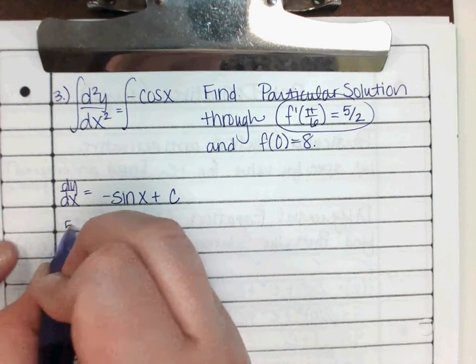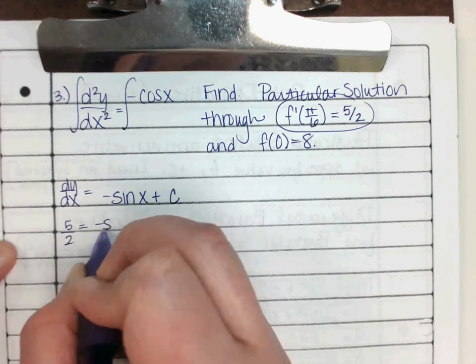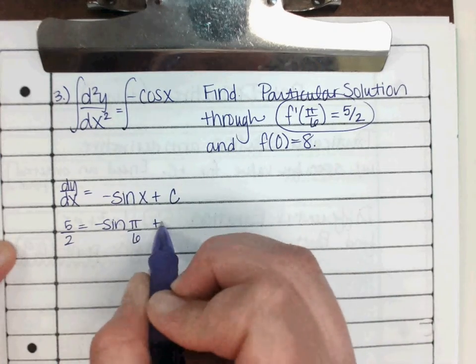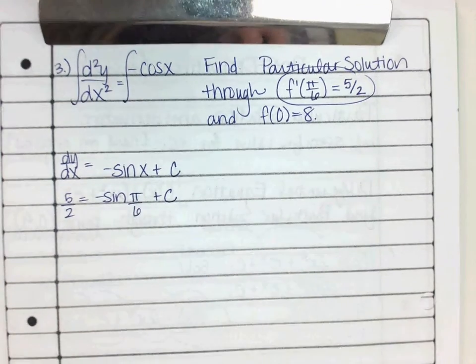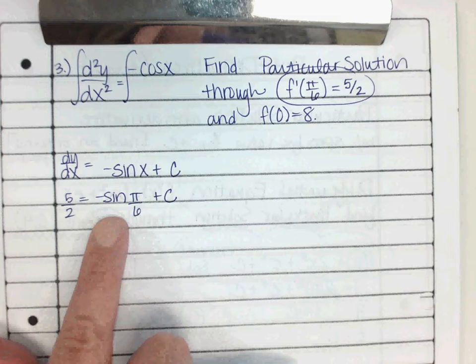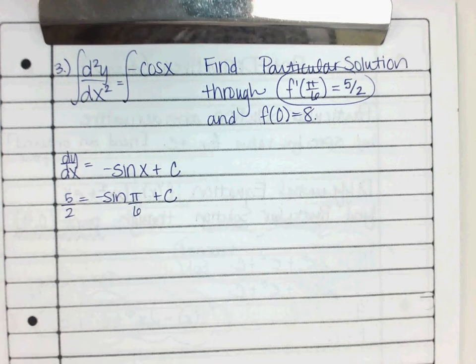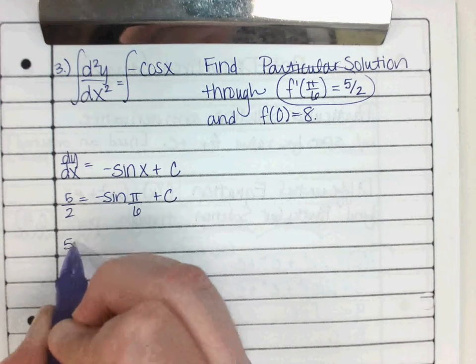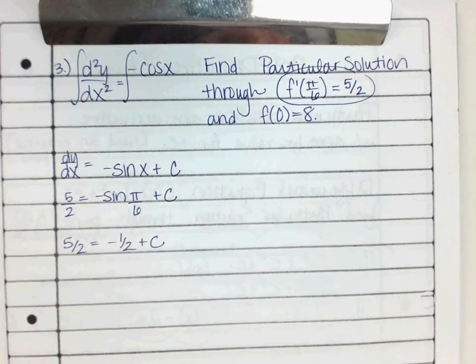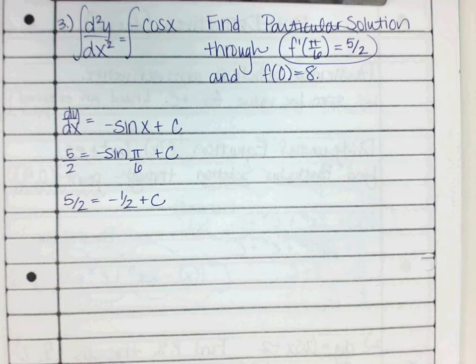So, 5/2 needs to be the answer when I plug in pi/6. Make sense? So I use my first derivative point with my first derivative equation. Then from there, what is the sine of pi/6? 1/2, so it's negative 1/2 plus c. How do I get rid of negative 1/2?